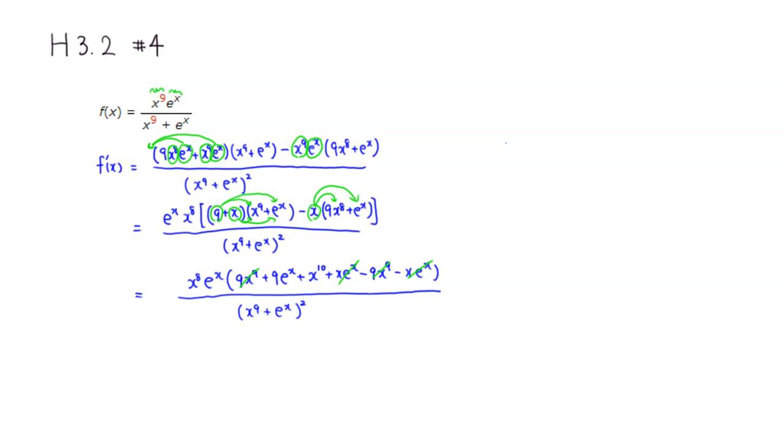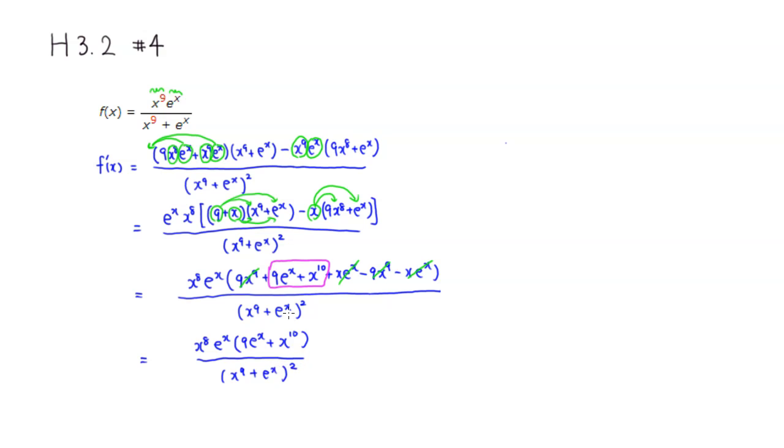So what's left is x to the 8th power, e to the x, and what's left inside is 9 e to the x plus x to the 10th power, because those are the only two terms left. Everything else is canceled out. Then the denominator is x to the 9th plus e to the x, squared.